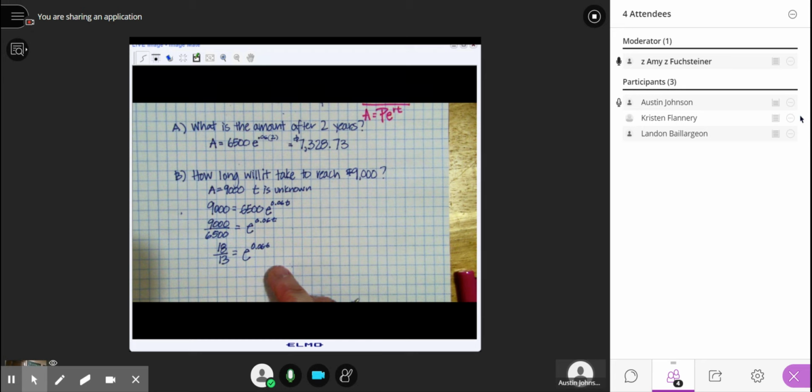Then I'm going to take the natural log. Because this is an e, I want to take the natural log of both sides.